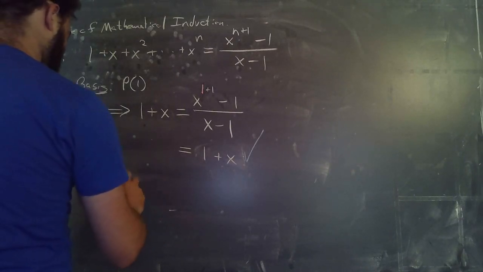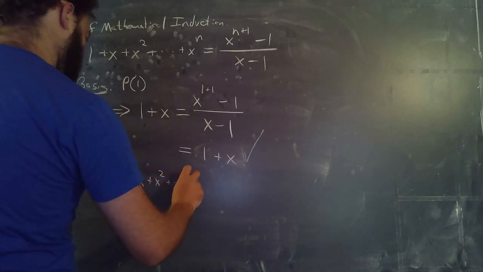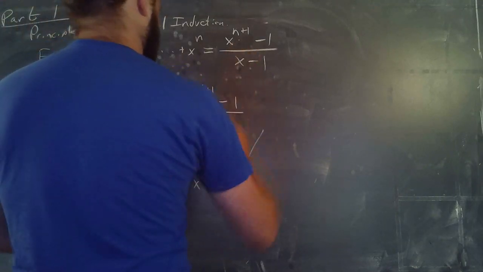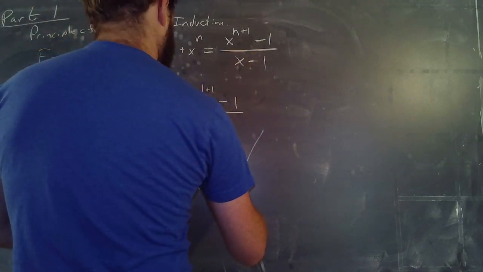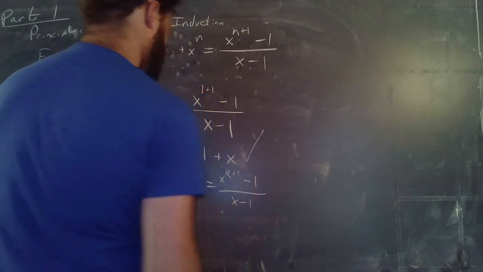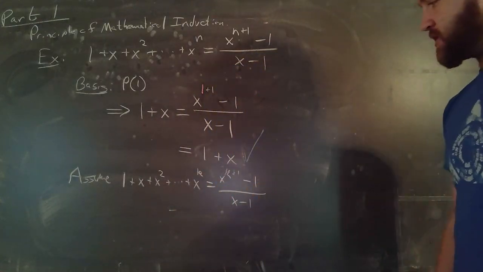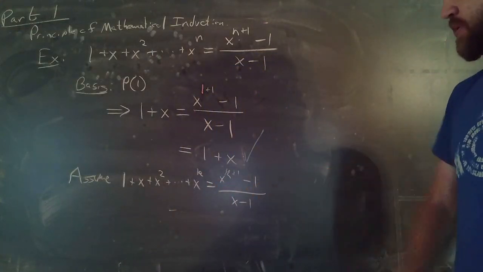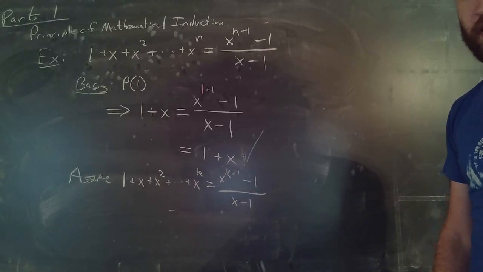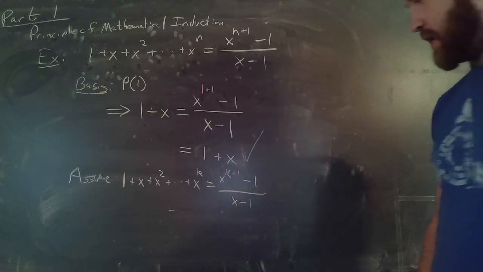So that's like 1 plus x squared plus dot dot dot all the way up to plus x to the power k should equal x to the power k plus 1 minus 1 over x minus 1. And this is an assumption, so we are just going to say that this particular statement is true, and then it is our job to show that the statement holds for k plus 1.